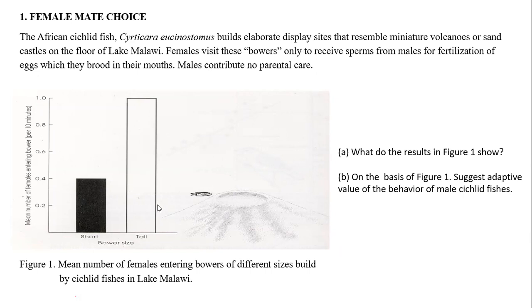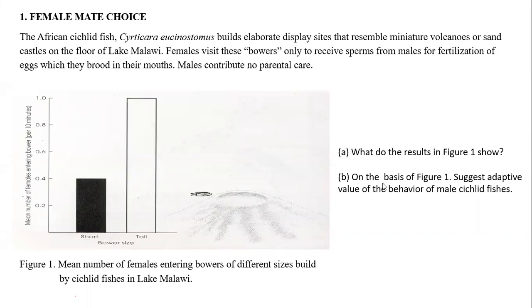And if it is about reproduction, then we know that the males building tall castles and the females preferring them means that for the males, there's a higher chance that these females will also collect the sperm or fertilize the eggs of this female. So we know, therefore, that this particular behavior of males making tall bowers has something to do with attracting the females, and once the females are attracted, reproduction takes place.